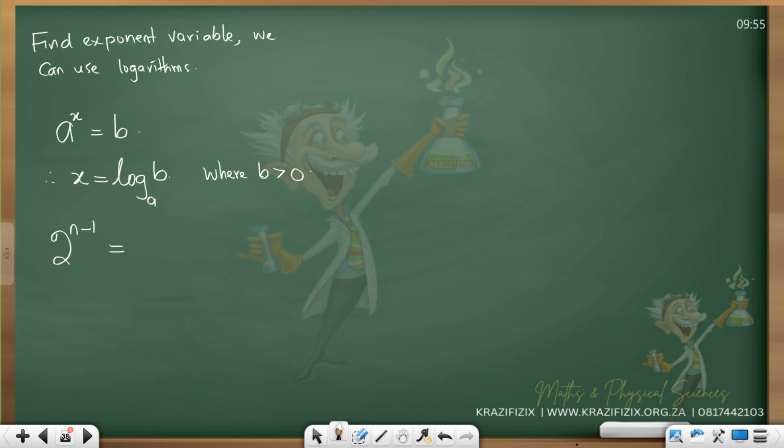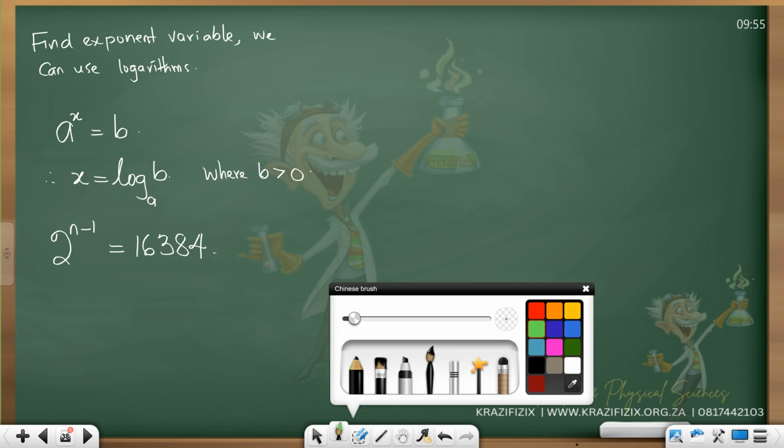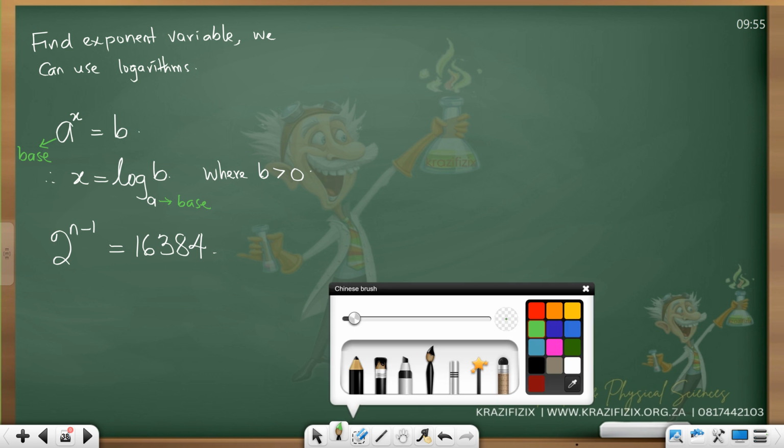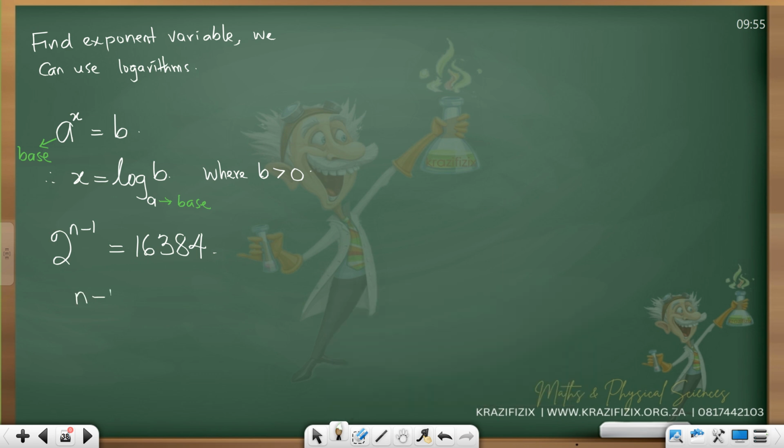Sorry, I'll go back. 16384. I'm looking for n minus 1, and that n minus 1 is a variable and it's an exponent. In case you're seeing this for the first time, that is a base, and it will also come here and be a base. So my base is 2. So n minus 1 equals log base 2 of 16384.